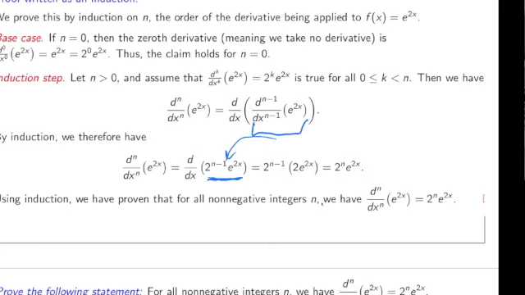And then after using this induction hypothesis, we apply one more derivative. And with that comes down this extra power of 2. And then we see that, yes, if it holds for smaller values of this integer, then it's going to follow for larger values of this integer. Thus, it's going to hold for all values of n. So any questions about this? This was in the video, but you didn't have a chance to ask a static video.